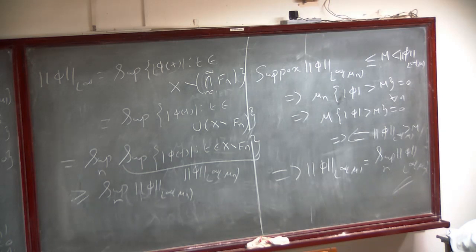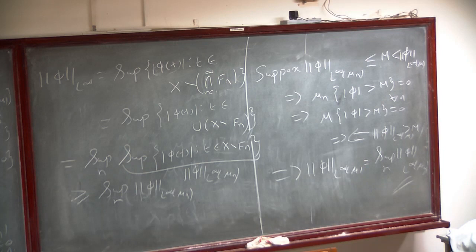Estimate mu of this set f k. There is nothing bigger than the whole set. These are all positive measures, of course.